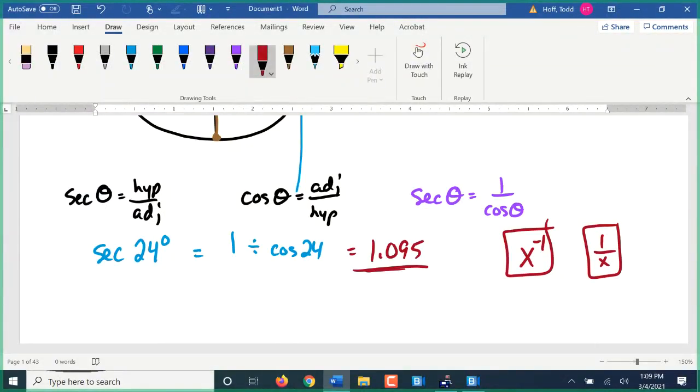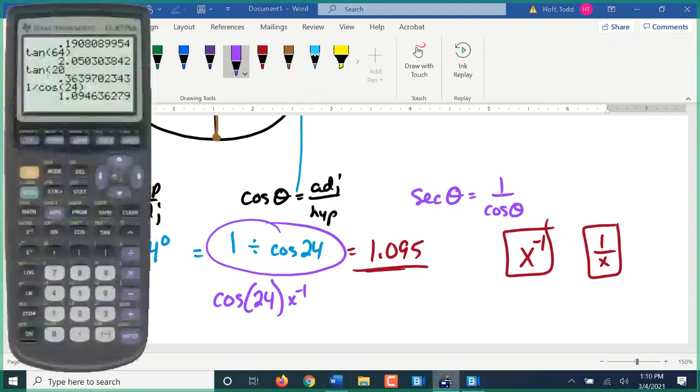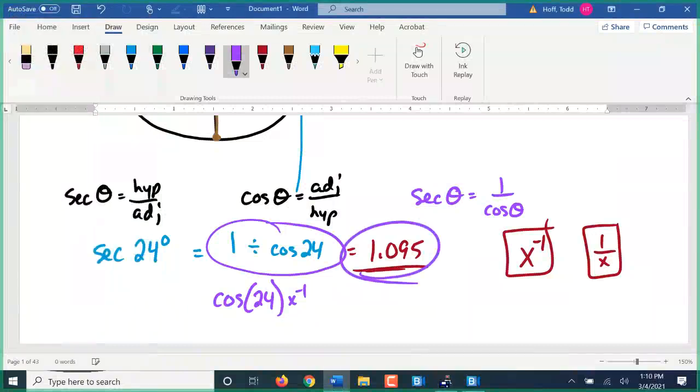So rather than having to do 1 divided by the cosine of 24, I can just do this: cosine 24, close the parentheses, and then hit that X -1 key. So let me show you. Cosine 24, close parentheses, X -1. Some of your calculators will show the full X -1. Mine just puts that little -1 power there. I hit equals, it's 1.095, exactly what we had here.